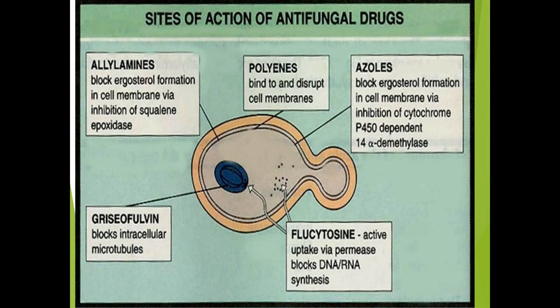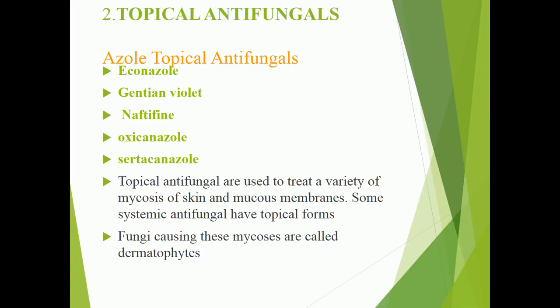Caspofungin is another antifungal agent which blocks glucan synthesis, while flucytosine, which is actively taken up via permease, blocks DNA and RNA synthesis. This is a very simple mechanism, so you can memorize all these things by fingertips. Now come to our topical antifungal agents.